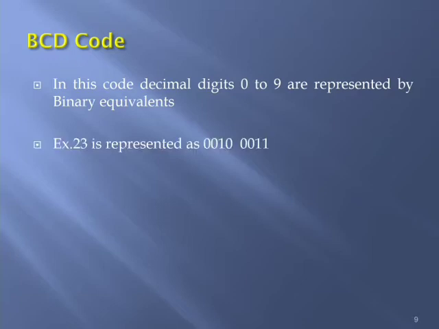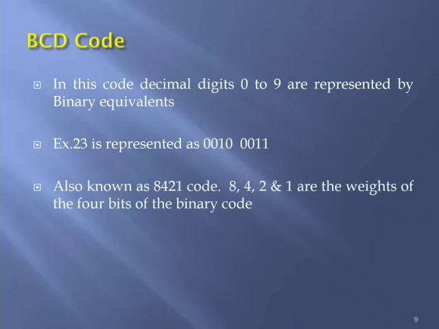For example, 23 is represented as 0010 0011. That means 3 is represented with 0011 and 2 with 0010. Each decimal digit is represented by its 4-bit binary equivalent.